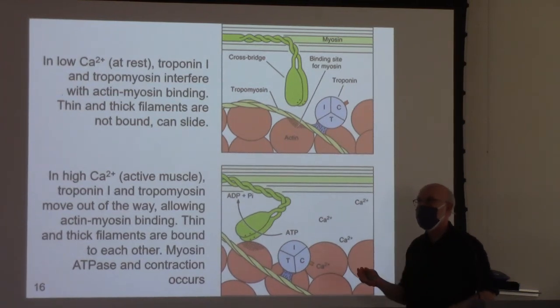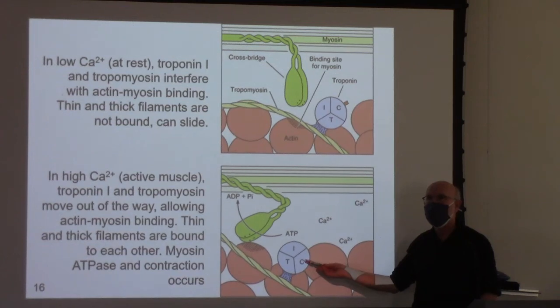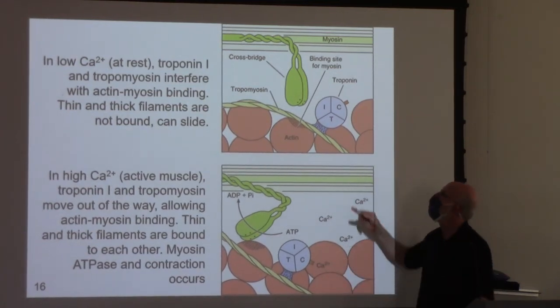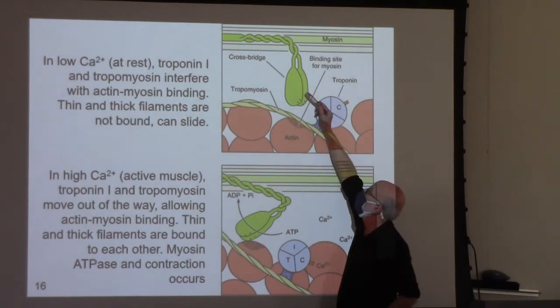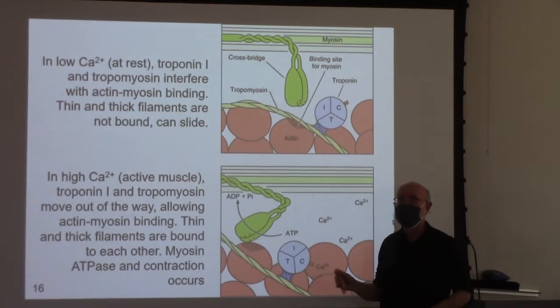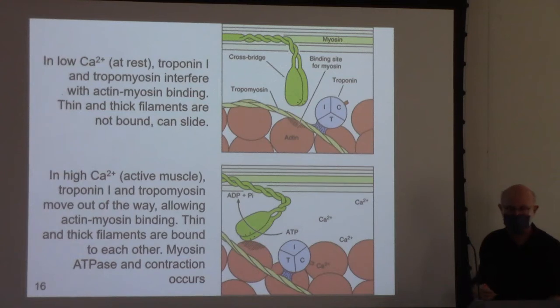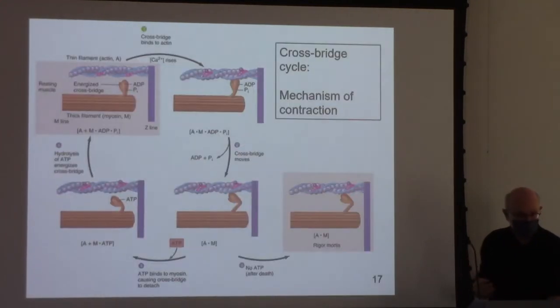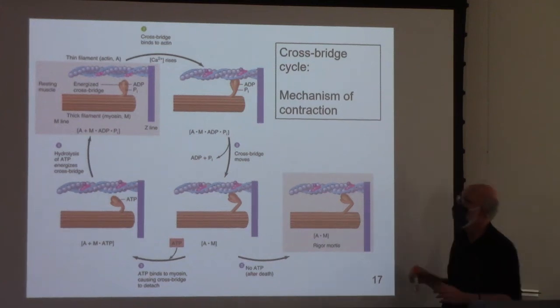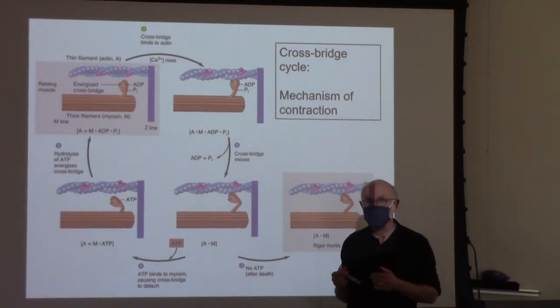So calcium triggers contraction by binding to troponin and moving tropomyosin and troponin out of the way so that myosin can interact with actin, so that thick filament can interact with the thin filament. At this point, we have contraction going on.